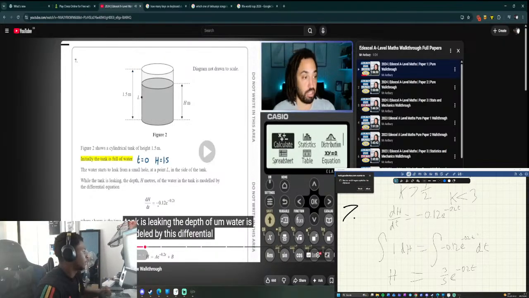This differential equation, it's supposed to be h and then A. Oh my days.